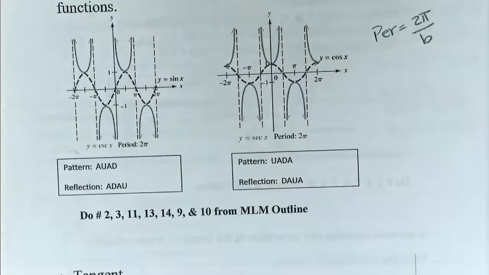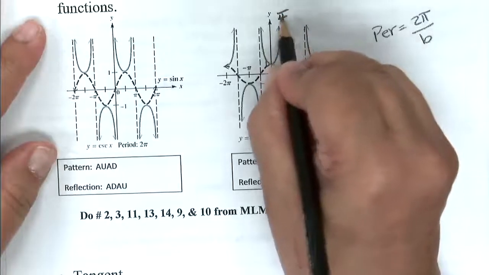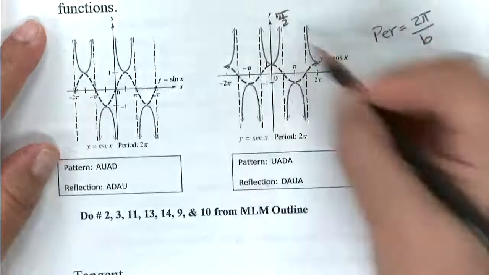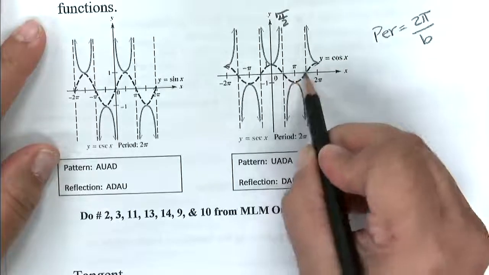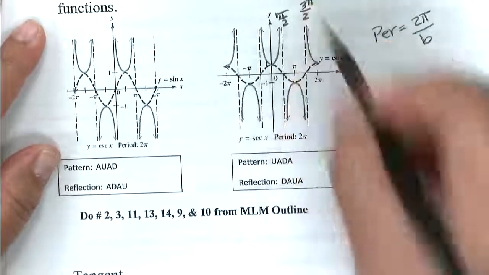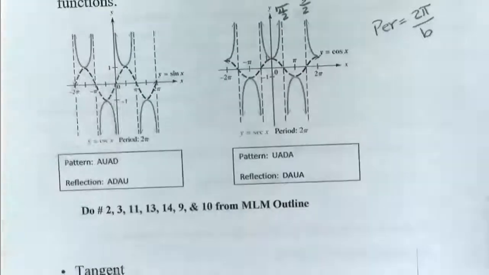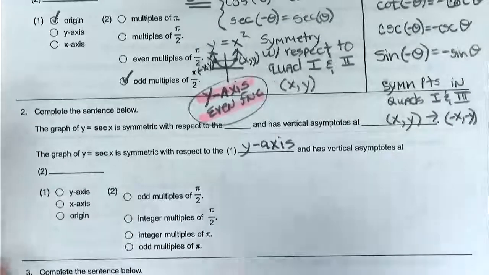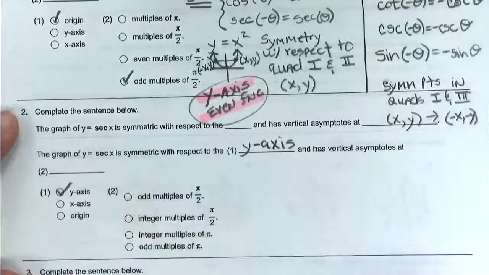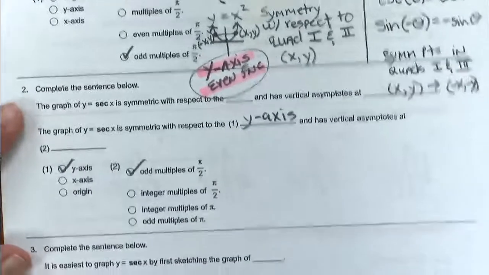You can label it pi over 2. So it's got an asymptote at 1 pi over 2. This is 1.5, which is the same thing as 3/2. I see odd multiples of pi over 2 happening here. So back to that question: y-axis symmetry, odd multiples of pi over 2. You can just look at the pictures that I've given you.